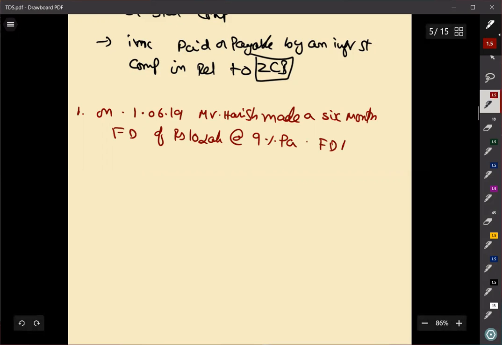Fixed deposit matures on 31st March 20. That's what is the given case.